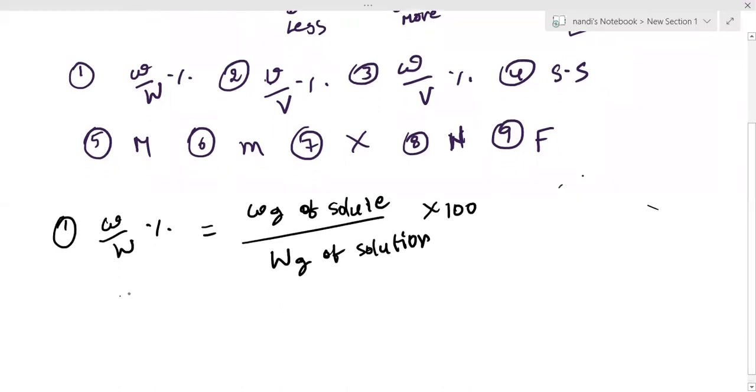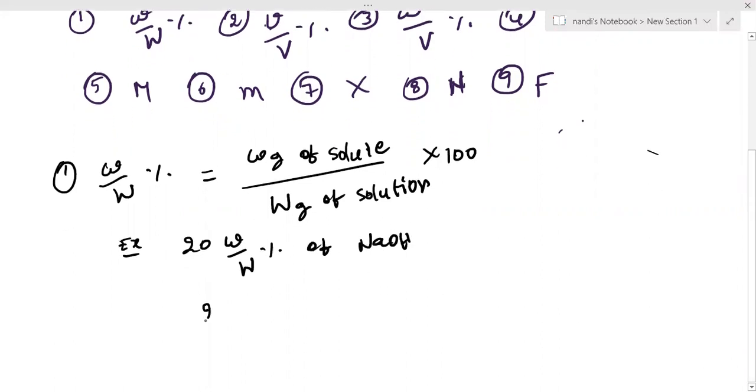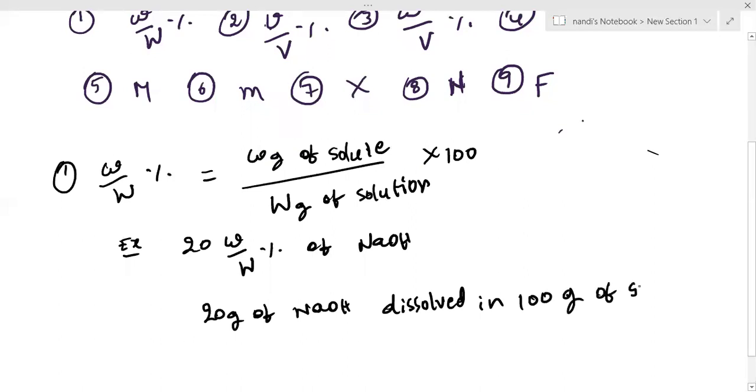Very simple. For example, 20 W by W percent of NaOH. What is the meaning of this? This means 20 grams of NaOH dissolved in 100 grams of solution.